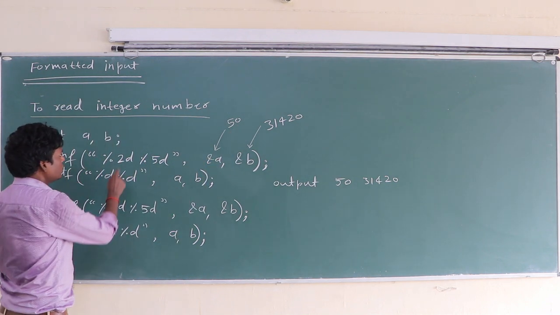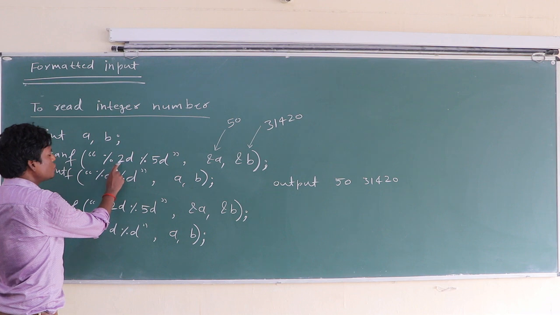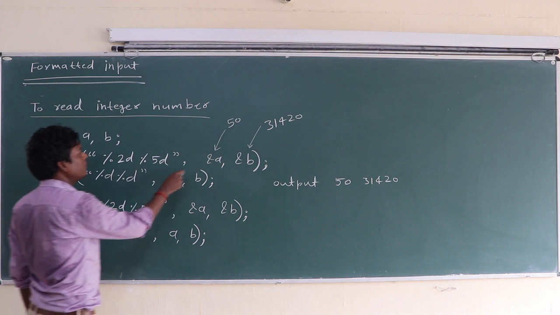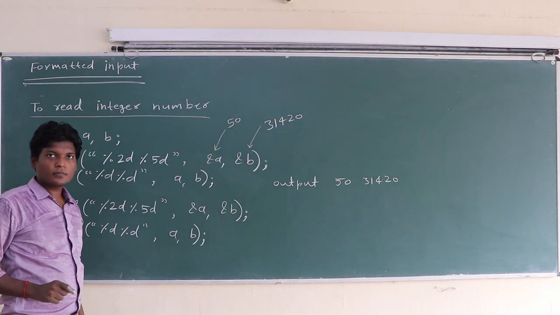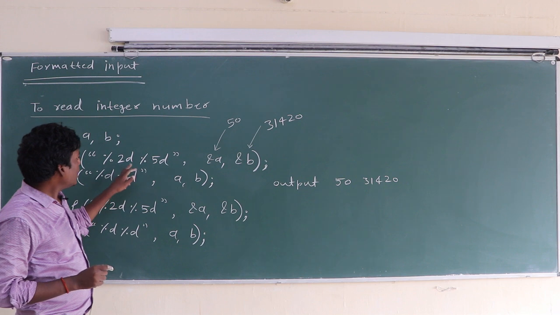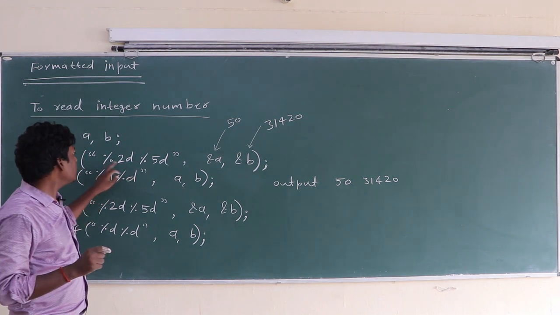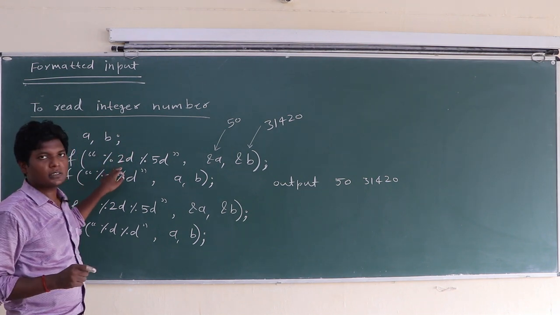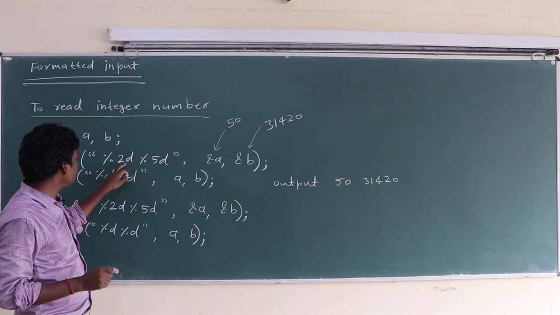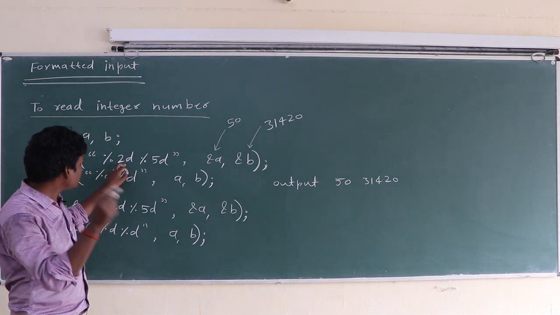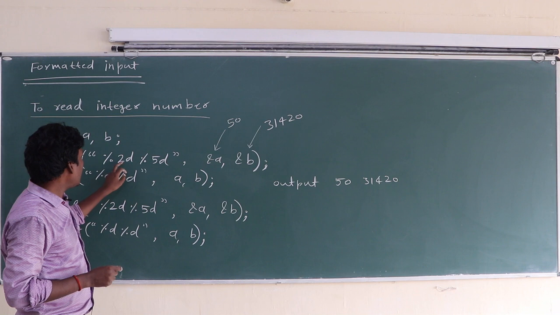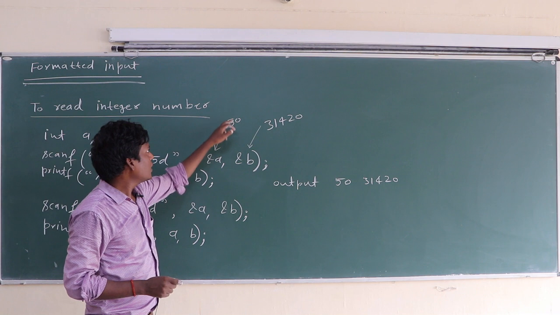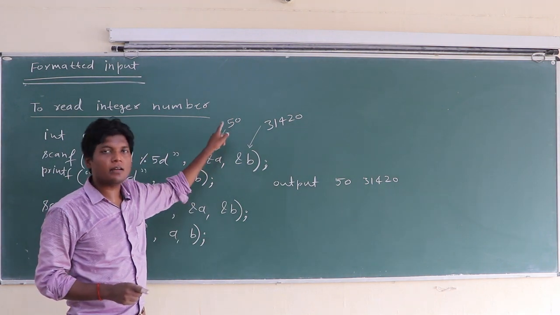This signifies that %2d only receives the first 2 digits of a number. If you mention the field width, then scanf only takes digits up to the field width. So scanf reads the first number up to 2 digits, whatever number is supplied.